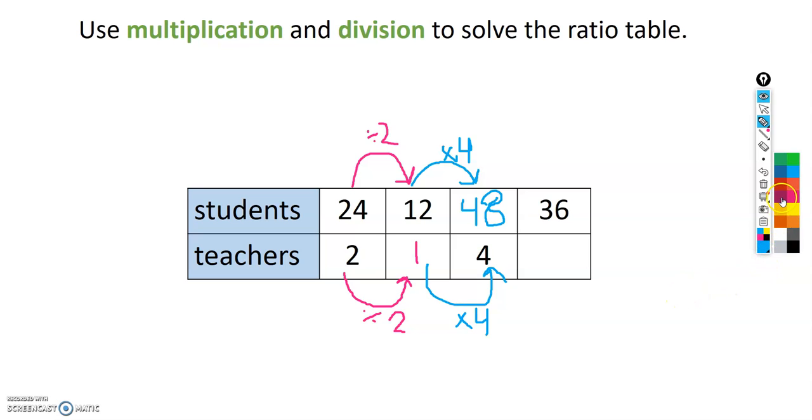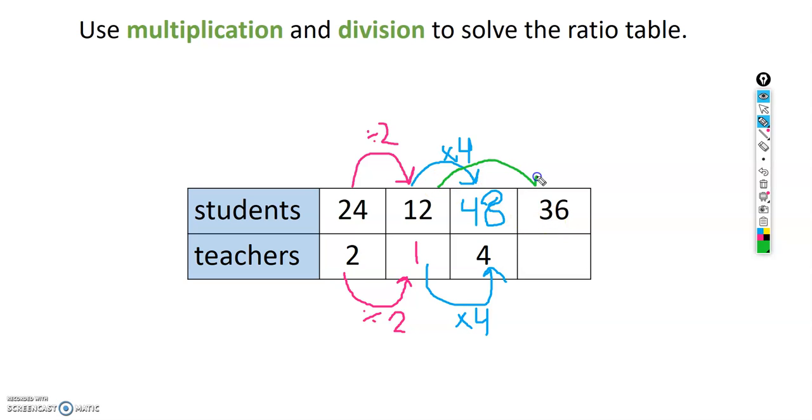All right, let's keep going. Now I need to find something that will take me to 36. 48 times something, well, I'm getting smaller. I'd need to divide and I'd have a decimal. That's kind of messy. I'm going to back up. Is 12 a factor of 36? Hopefully you're saying yes.